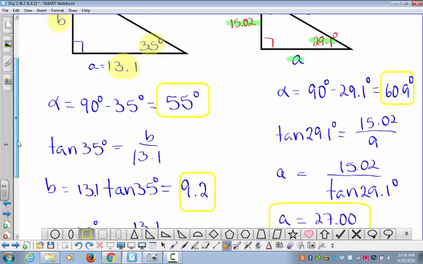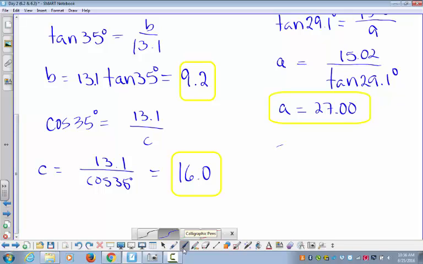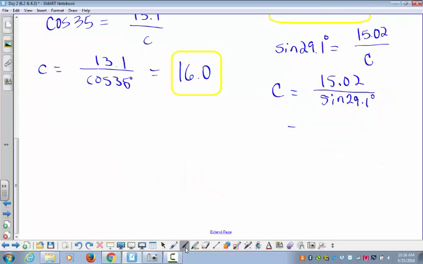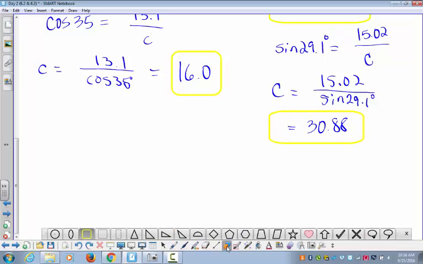So sine of 29.1 equals opposite, which was 15.02, divided by the hypotenuse, which is C. Multiply and divide. We'll type that expression into our calculator. And when we type that into our calculator and round to the nearest 100th, we get 30.88. And we got it. Not too bad.